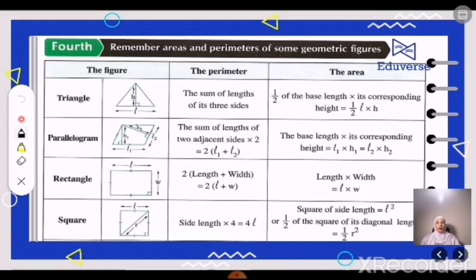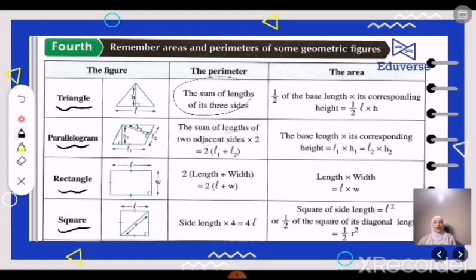Let's see another part here, talking about areas and perimeters of some geometric figures. You already studied some of these figures in the previous years, like triangle, parallelogram, rectangle, square. Getting the perimeter of any triangle will be the sum of all the side lengths.